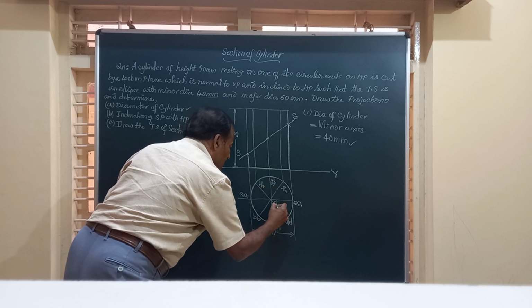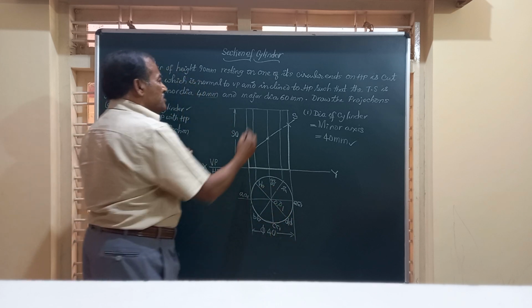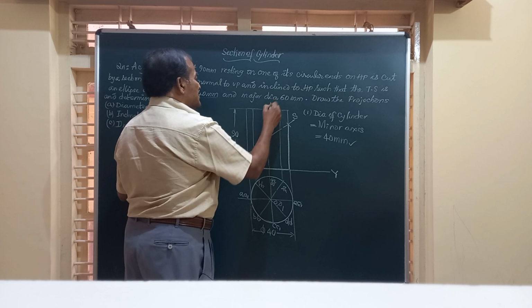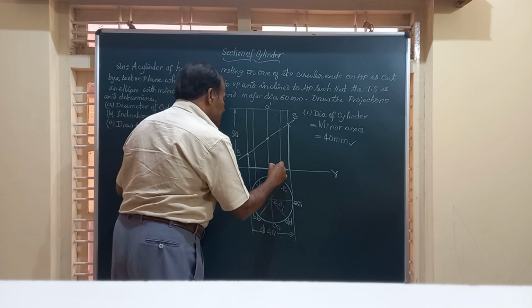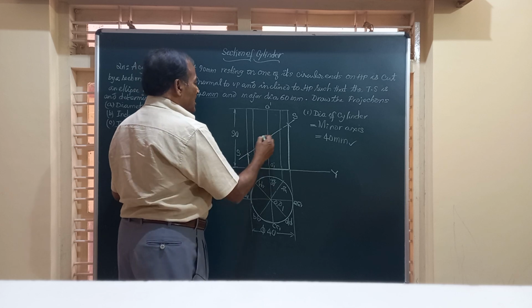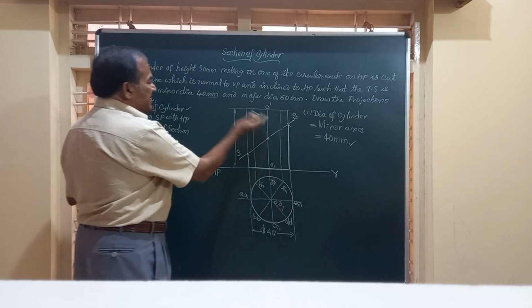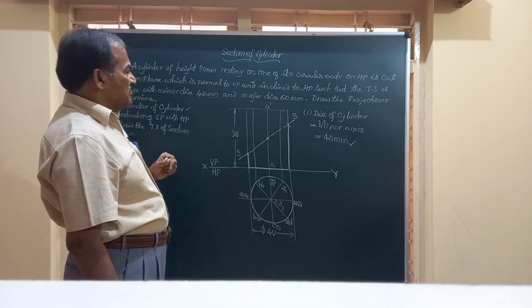This is O, O1. This is O dash, the center of the top face. O1 dash is the center of the bottom face. And this is the part that is retained after the rest is thrown out.